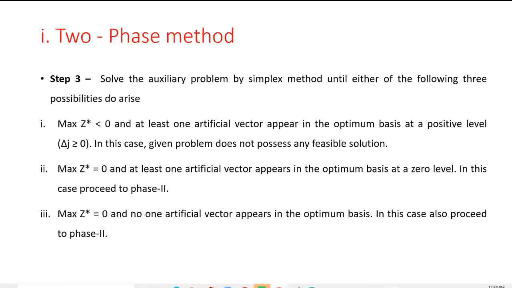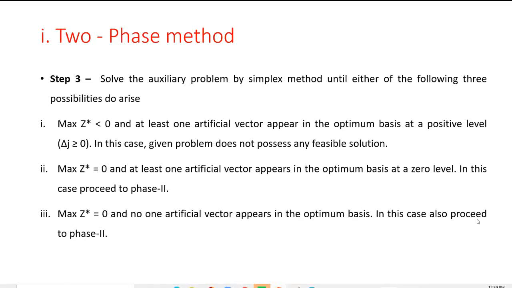For the second case, the max z star, that is the maximized objective function, is equal to 0, and at least one artificial vector appears in the optimum basis at a 0 level. In this case, we will proceed to phase 2. For the third case, max objective function z star is equal to 0, and no artificial variables appear in the optimum basis.